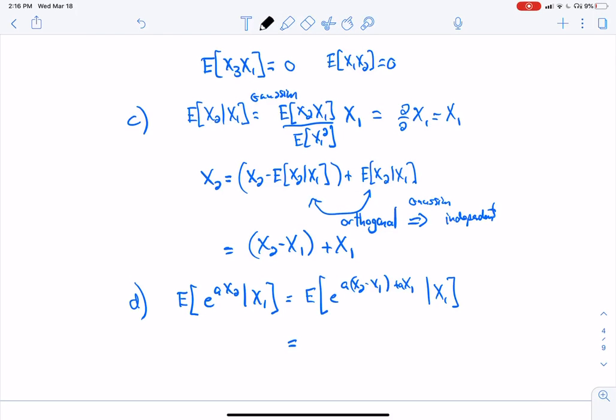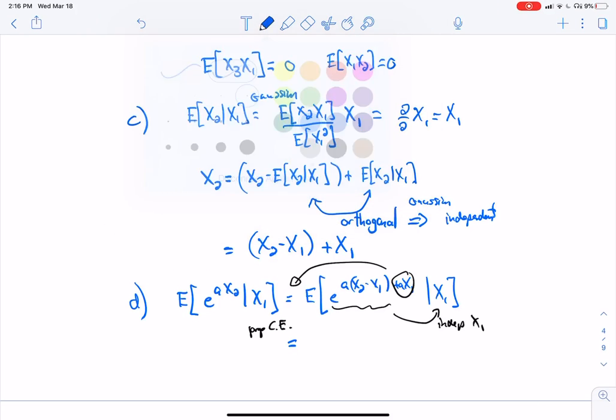The variable x2 minus x1 is independent of x1. That's what we proved before, independent of all the random variables I can construct from x1. And this term, I can take out. Here I use the property of the conditional expectation.